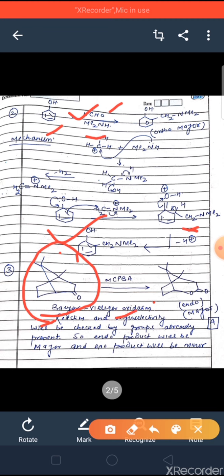The regioselectivity will be controlled by the group already present on the exo position.